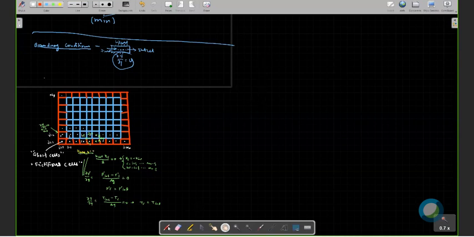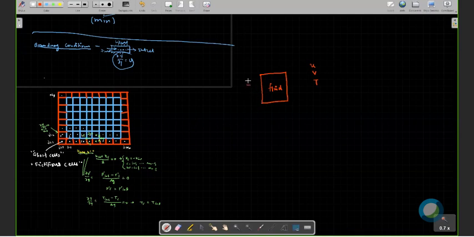Take up a small problem, maybe like this. This is a hot wall, and here is a fluid. So you have three equations to be solved: one for U, one for V, and one for T, temperature.